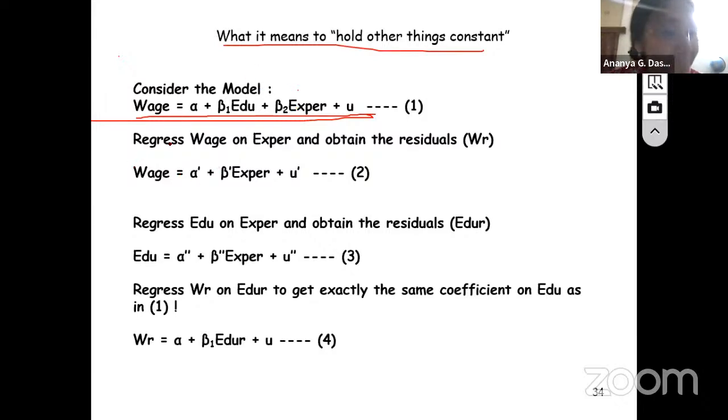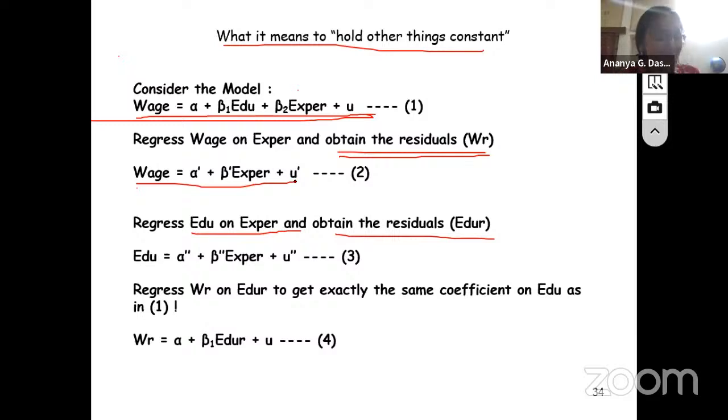If you were to run a regression of wage on experience, you're regressing wage on the other variable, experience, and then you are getting the residuals. The residual is the part of wage which experience does not explain. Now you're also running a regression of education on experience, and again taking the residuals.